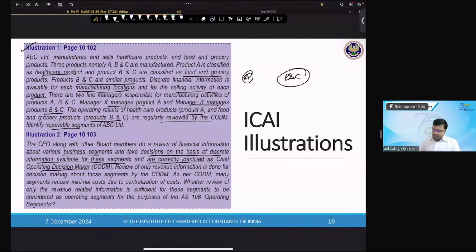As per CODM, many segments require minimal costs due to centralization of costs. Whether review of only the revenue related information is sufficient for these segments to be considered as operating segments for the purposes of Ind AS 108. Tell me, what do you think? Is only revenue data adequate or is cost data also essential?